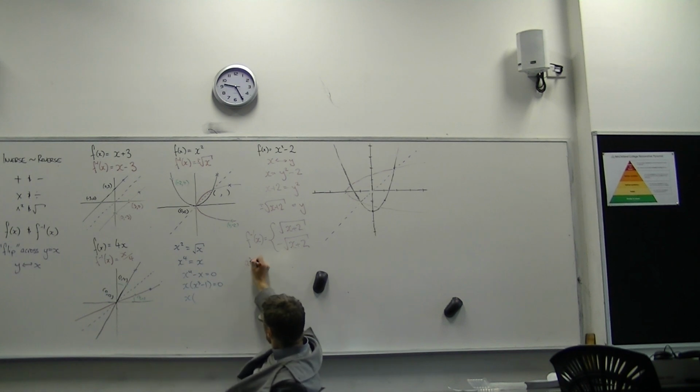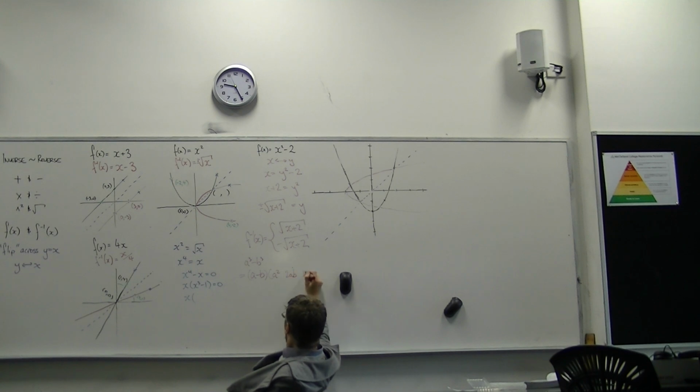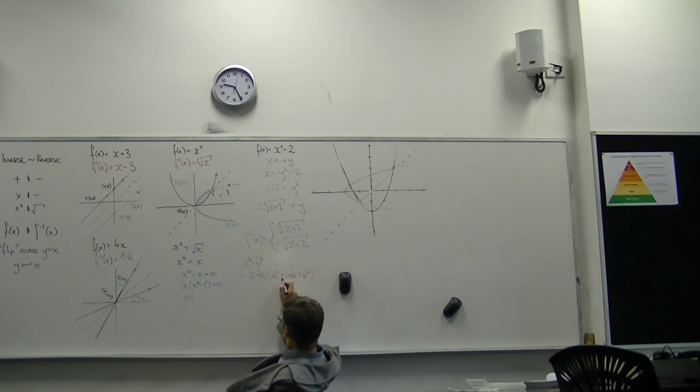So if you've got a cubed minus b cubed, let's see how good my memory is today. It's a minus b, times a squared, plus or minus something.